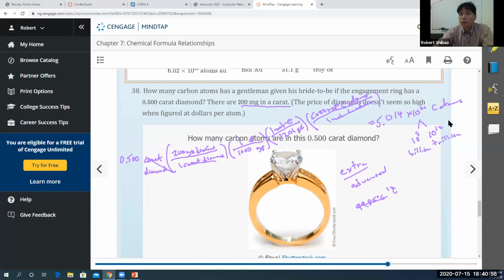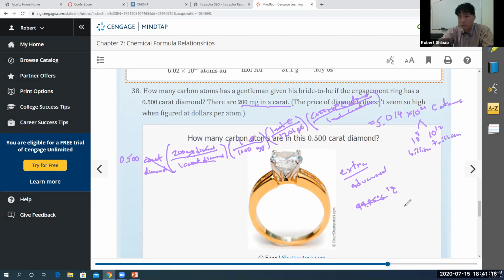So 1.07%. Carbon has 2 natural isotopes, and this is just a follow-up question on this particular problem. An advanced problem would be: how many carbon-12 atoms do we have and how many carbon-13 atoms do we have?